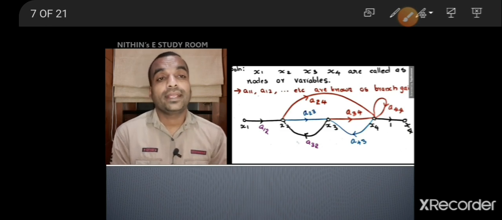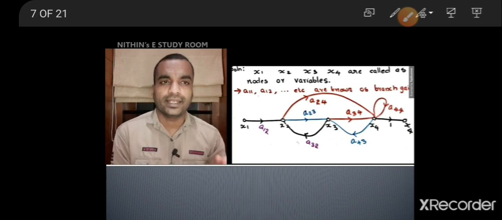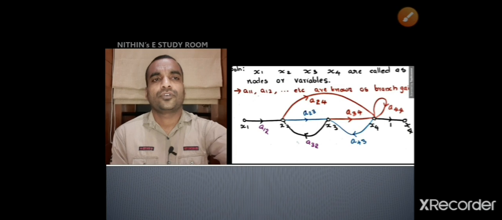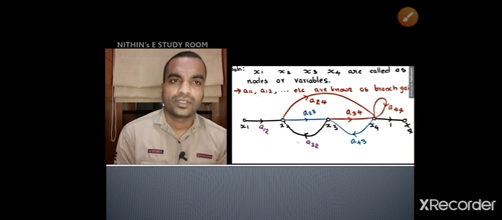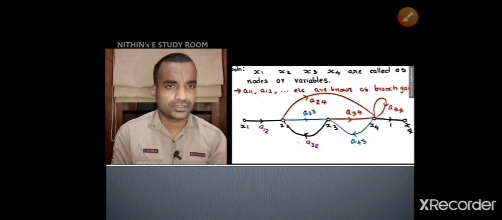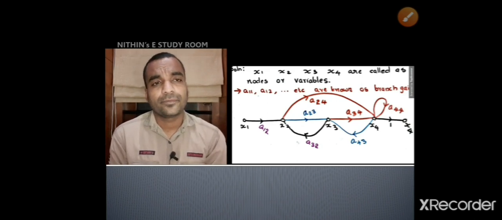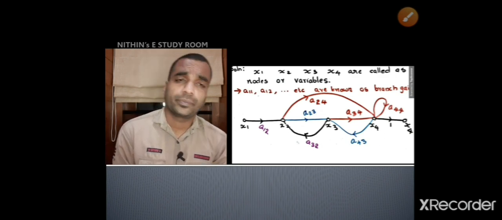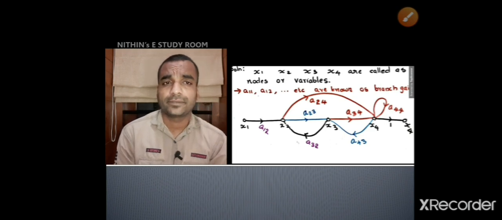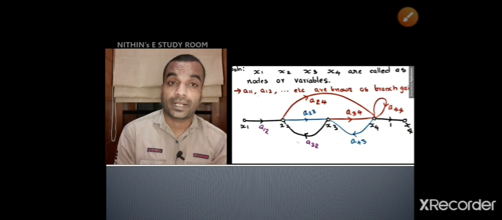So in order to make it an output node, I am extending x4 to a new point and marking a gain of 1. Now you can see for the new x4, it has only incoming branches. No outgoing branches are connected to that x4. It is not only applicable for x4. You can also make x3 an output node. You can also make x2 an output node. But x1 cannot be made an output node, because it is a pure input node having outgoing branches connected to it.